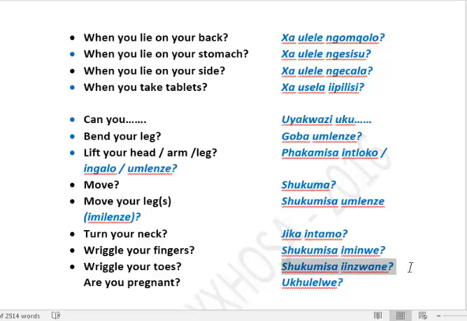Uyakwazi ukushukumisa inzwane, can you wriggle your toes? And finally, are you pregnant? Ukhulelwe? So here we have the verbs goba, bend, phakamisa, raise, shukuma, move, shukumisa, move something, move a particular part of the body, jika, turn, and khulelwe, to be pregnant.